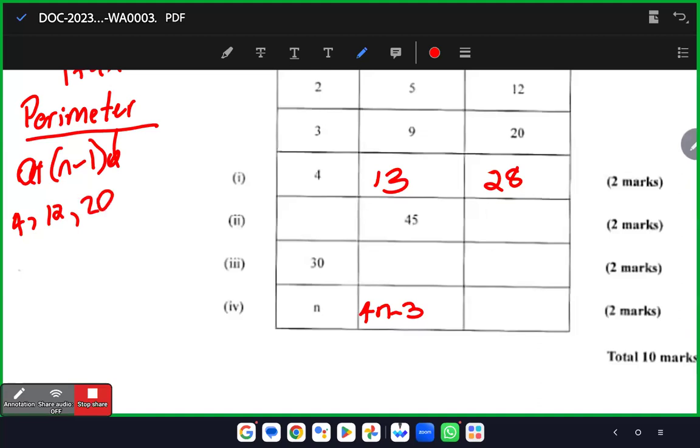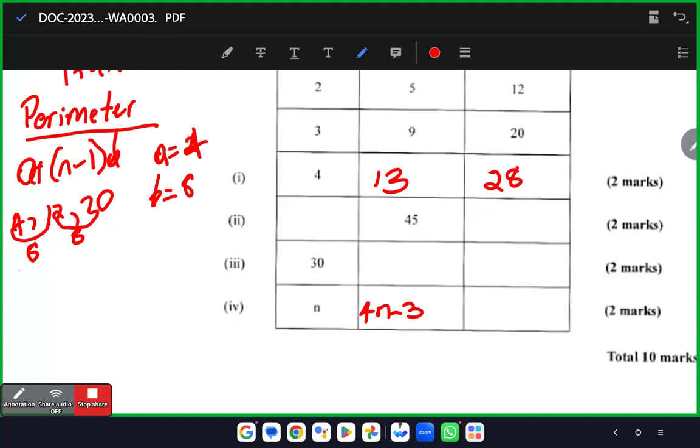So the first term, A, is 4, sorry, not 20. Let's look at the common difference. Between 4 and 12 we have 8, and between 12 and 20 we also have 8. So the common difference here is 8.